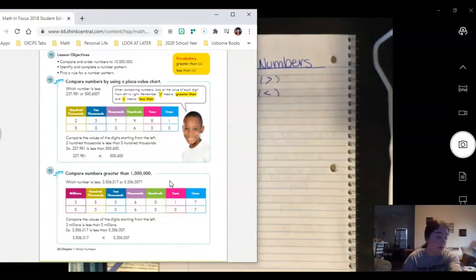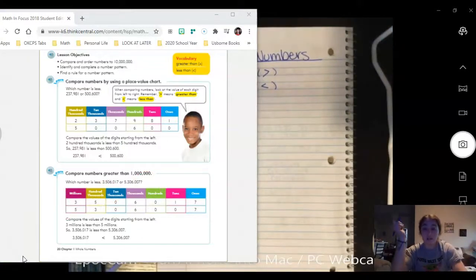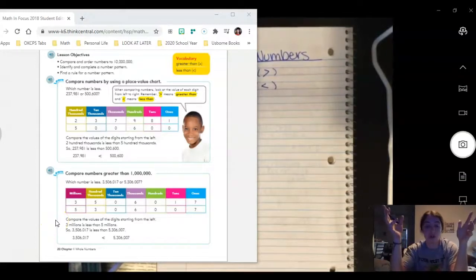Then we have 5,306,007. So if we compare the numbers in each place value, let's start with the highest place value, we have millions. So we have 3 million, then we have 5 million. Well, right there, we already know which number is greater. It's going to be the one that has 5 million.